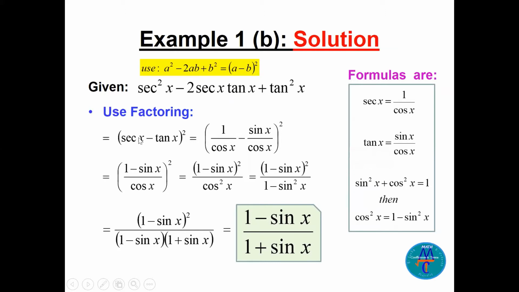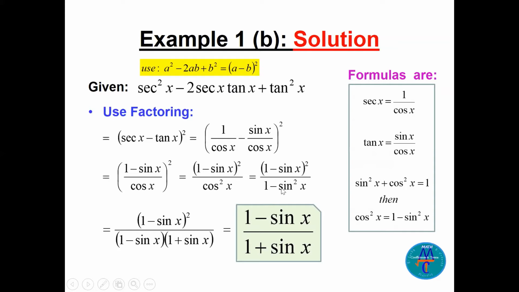Now let's go. Secant of x, by the formula, I will put 1 over cosine of x minus tan of x, I will put sine of x divided by cosine of x. And then I combine with the same LCD. So 1 minus sine of x over cosine of x, all squared. Now 1 minus sine of x all squared, leave it. And this one will be cosine squared.